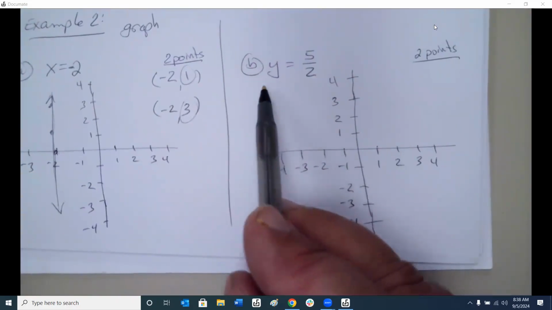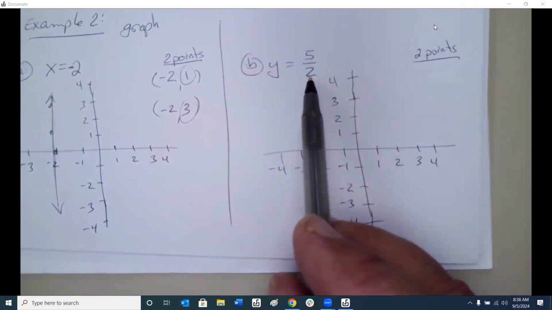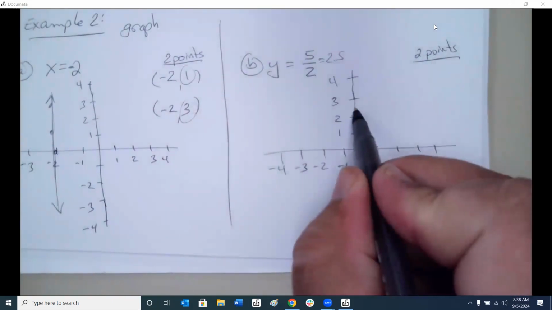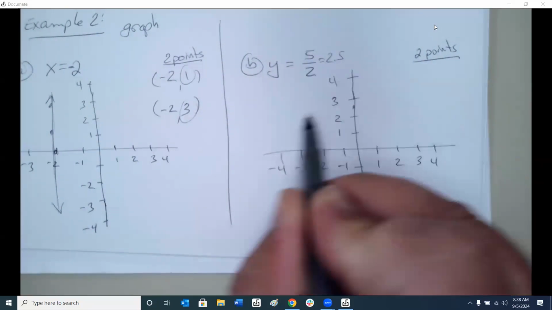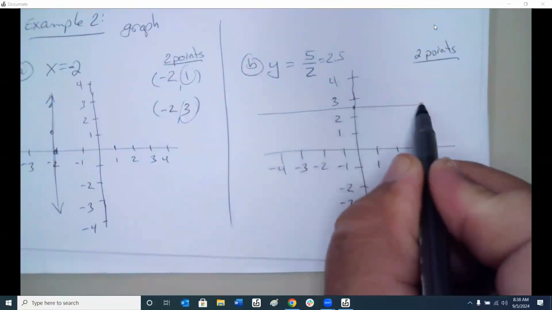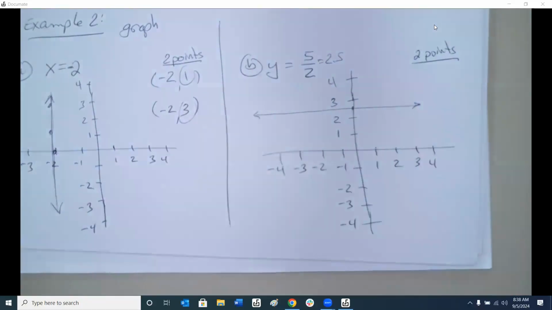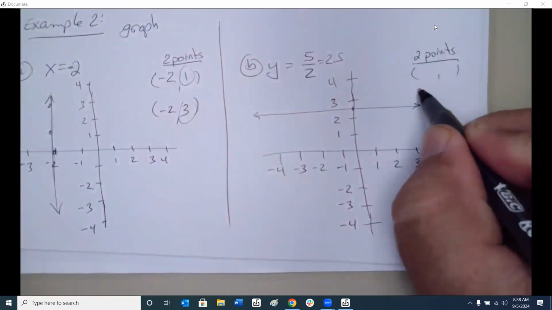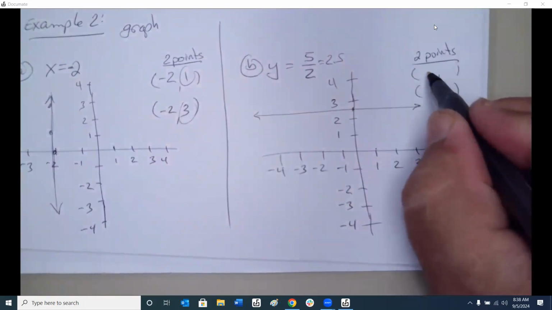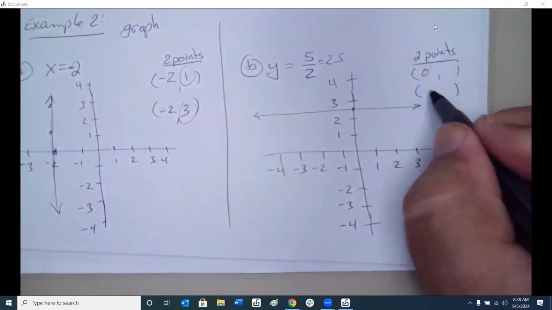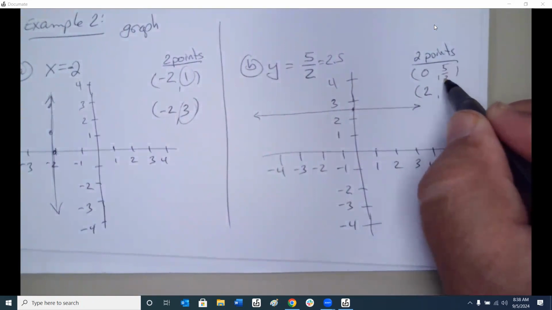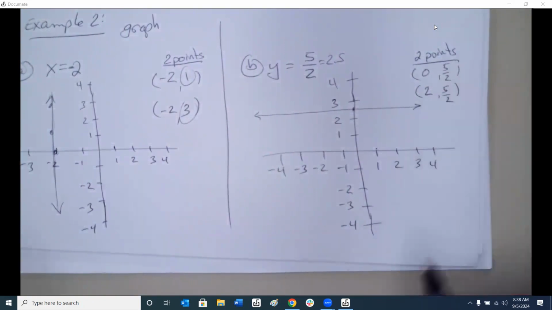You don't have an x value, so it can't cross the x-axis, so it has to be horizontal. This is 2.5. So it's between 2 and 3. Same thing. No matter what x you give me, it's always going to be 5/2 on the y value.